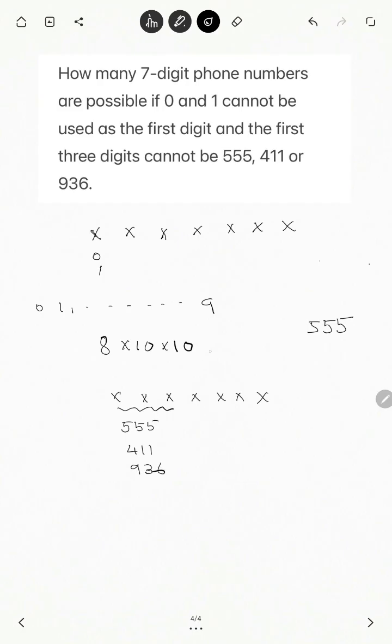So from here we have to subtract these three numbers. Now for the next four places we can take 10 into 10 into 10 into 10. All these 10 options from 0 to 9. So the total number of ways will be this. Your answer ends here.